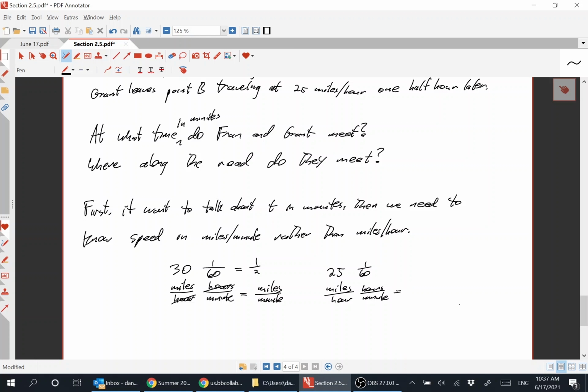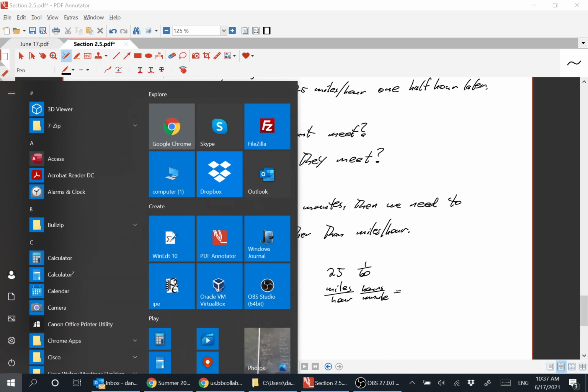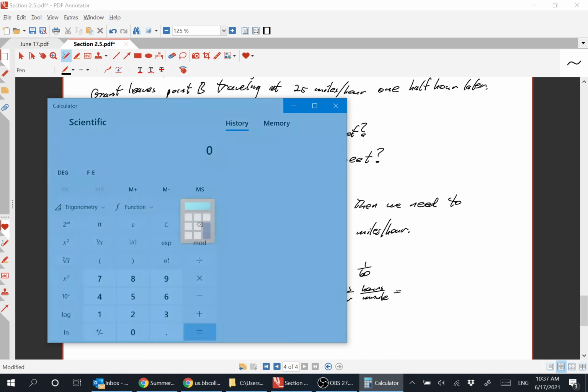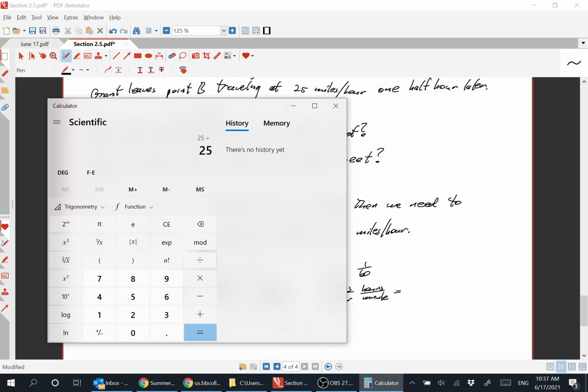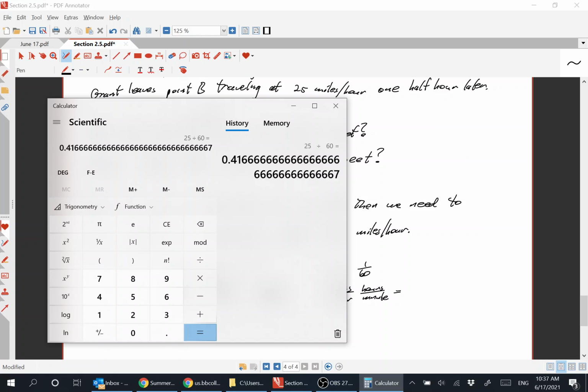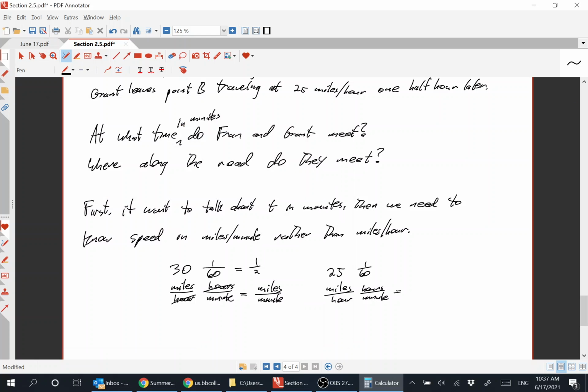So 25 over 60, 0.416. Let me present it as a fraction. So that's 5 over 12, 5 over 12 miles per minute.